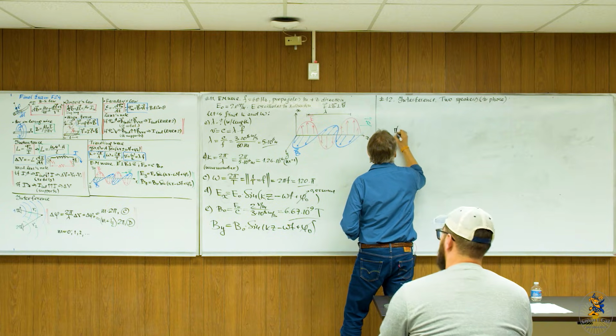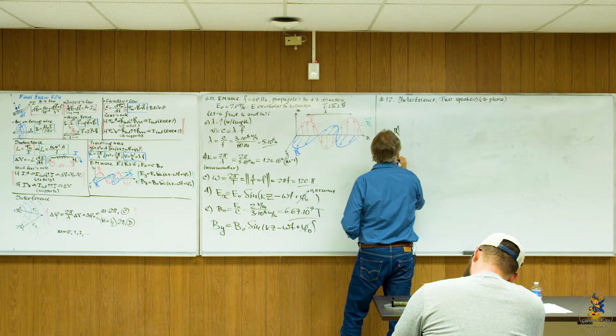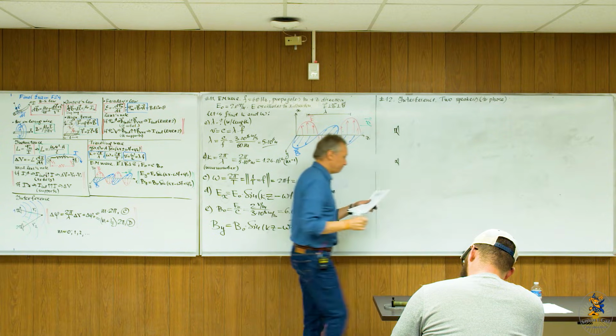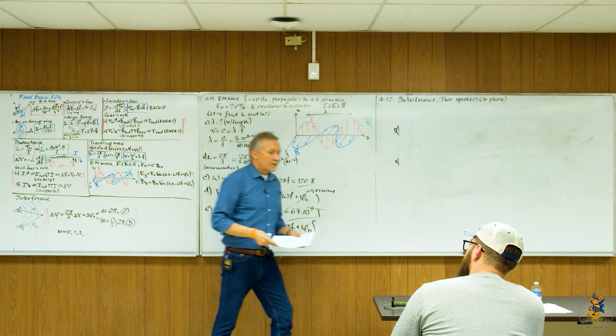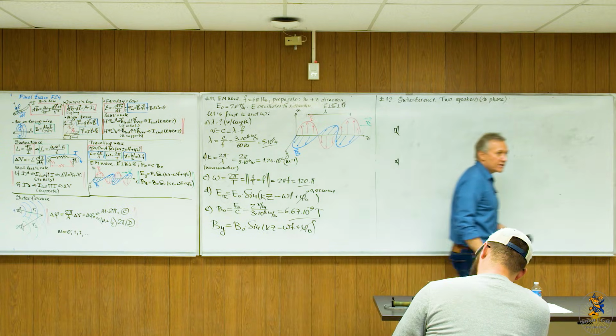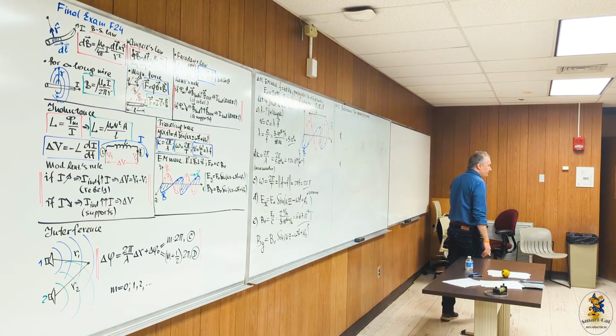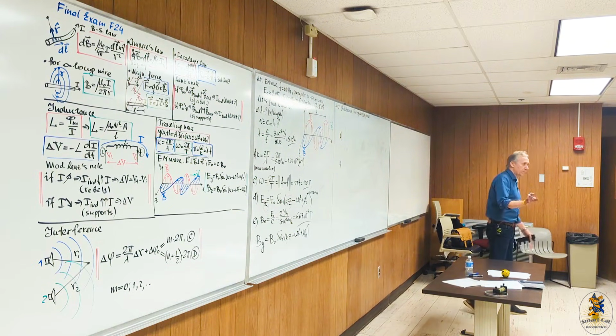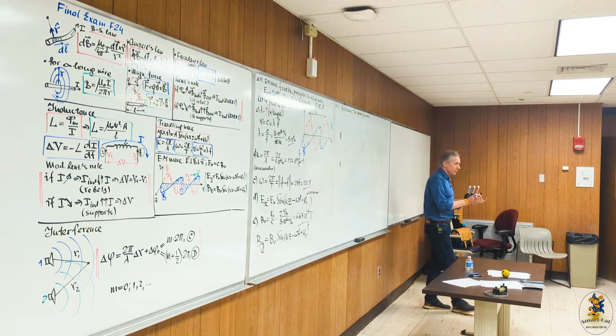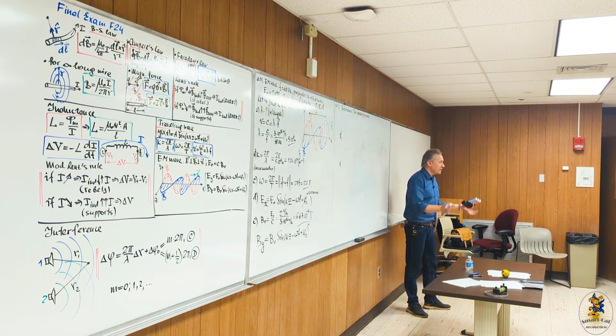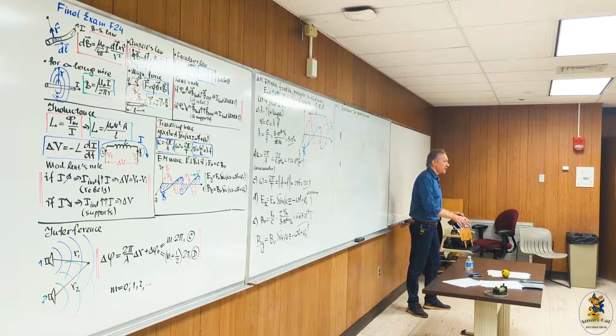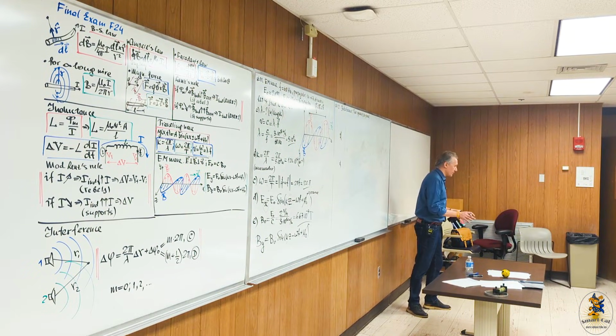So these are speakers, speaker number 1, speaker number 2. They must generate the same waves. Initial phase can be different, but in terms of frequency, in terms of life in space and time, must be the same, because we derive the conditions for two identical waves.